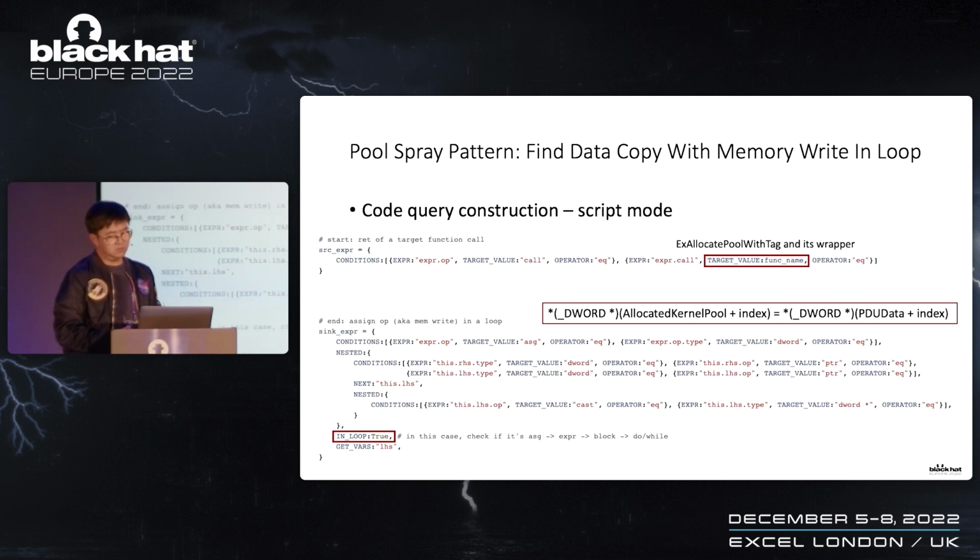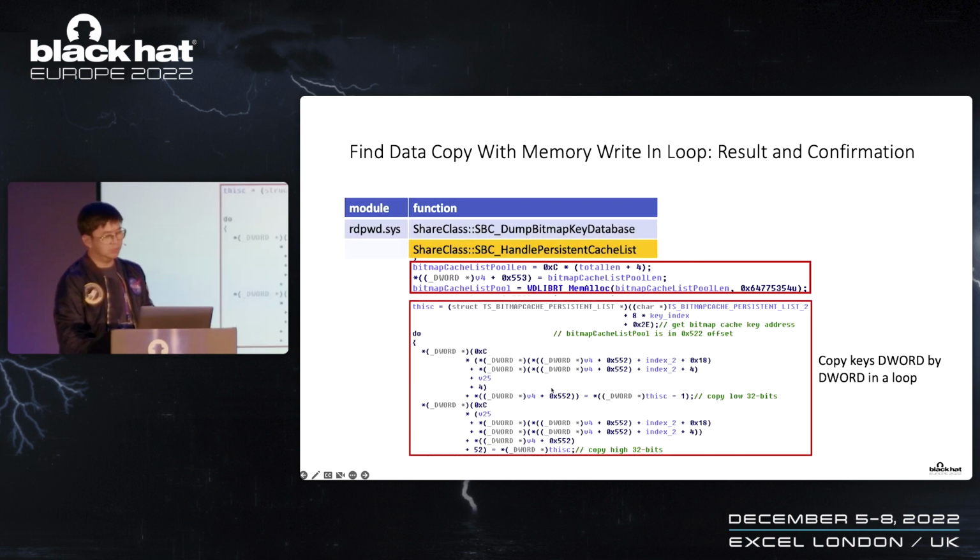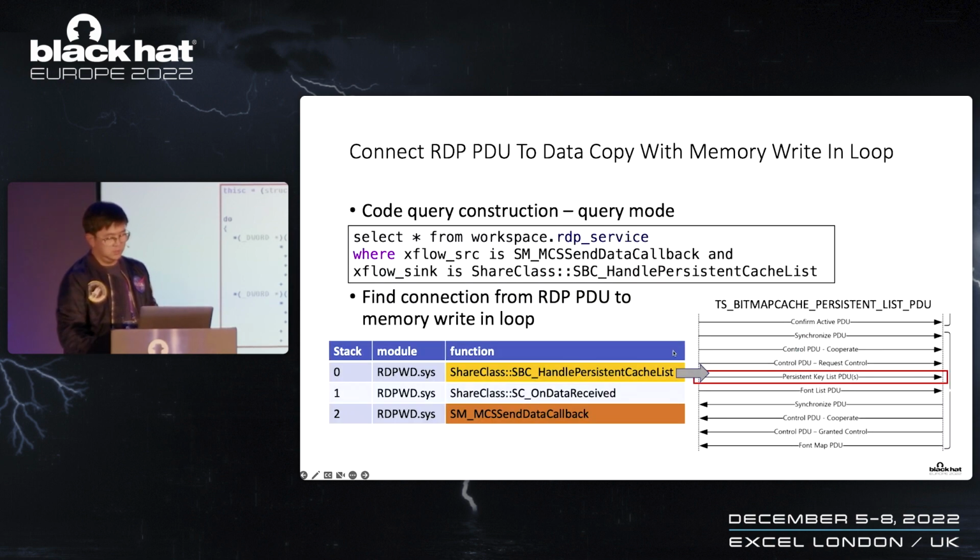We mentioned before there's another way to do the data copy, memory write in a loop. You can see this expression is to search for this kind of memory write in a loop. We finally found 2 results in the RDPWD module, and you can see the handle persistent cache list function is exactly what we want.